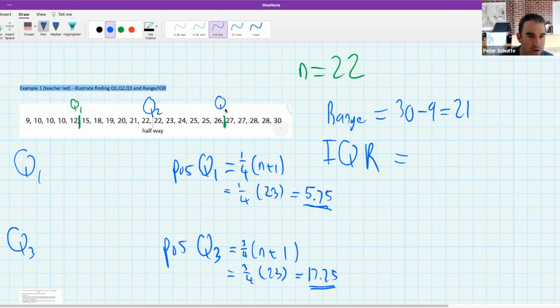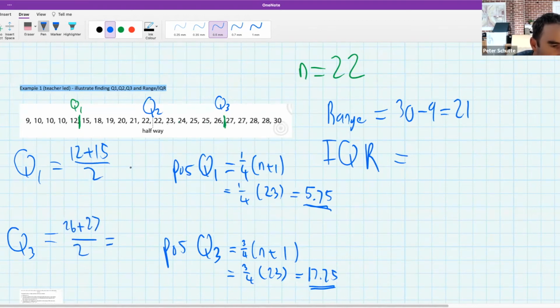What I'm doing is using these position calculations to tell me where it is. Now I need to work out what Q1 and Q3's actual values are, and after that I can work out what the IQR is. Okay, I see answers are coming in. Keep them coming. So Q1 is going to be that, and Q3 is going to be that.